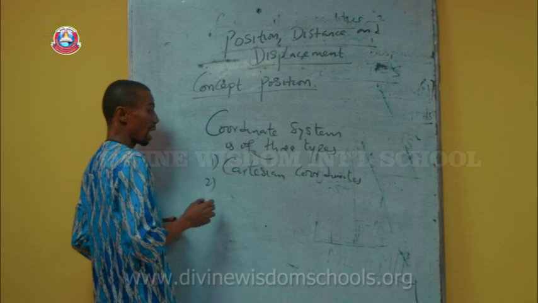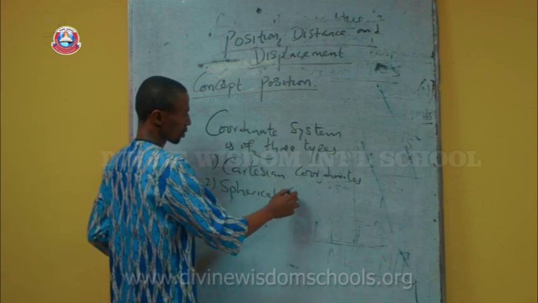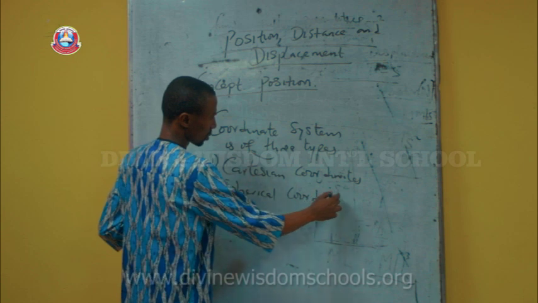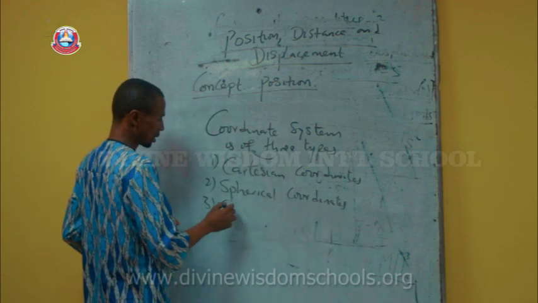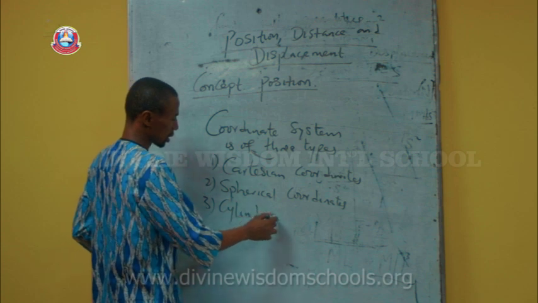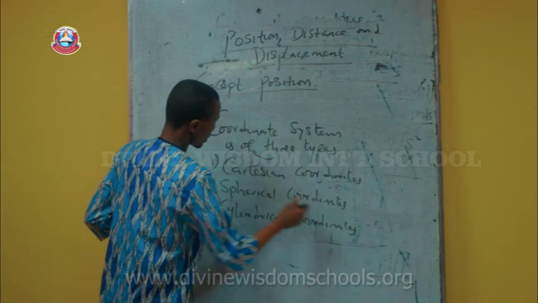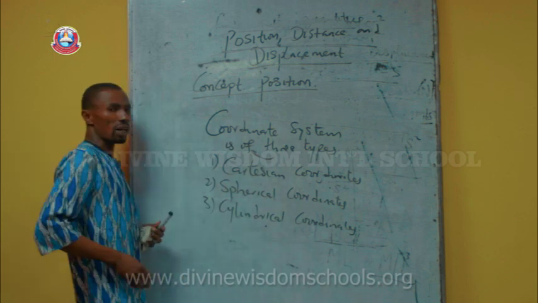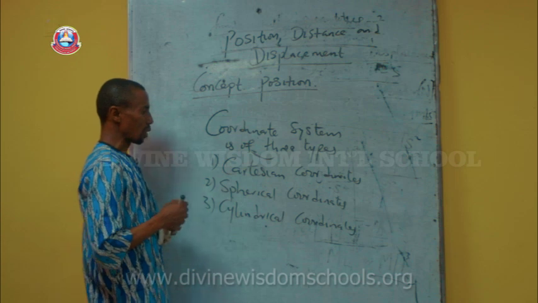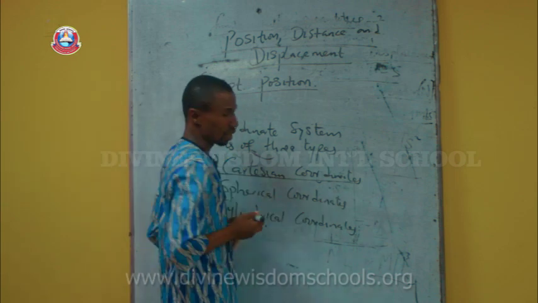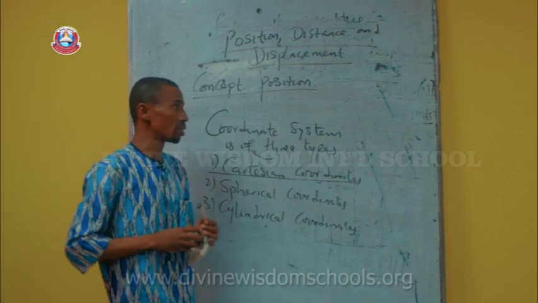The second one, we have the spherical coordinate, while the third one is called the cylindrical coordinates. Now, among these three types of the coordinate system, we'll be considering the Cartesian coordinate system, which is the most commonly used coordinate system at this level.